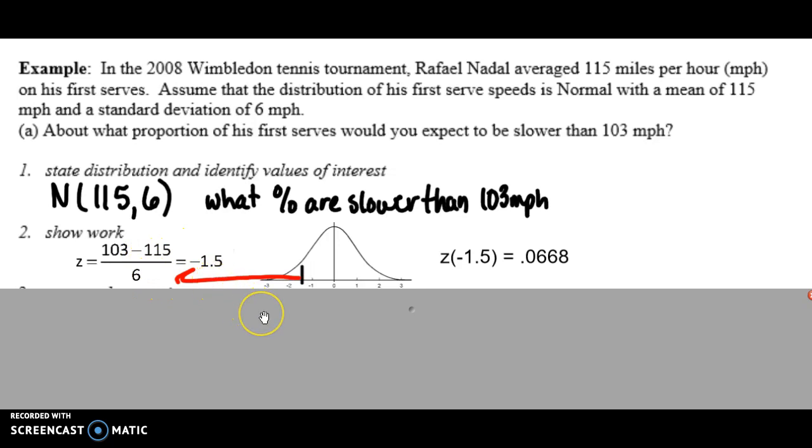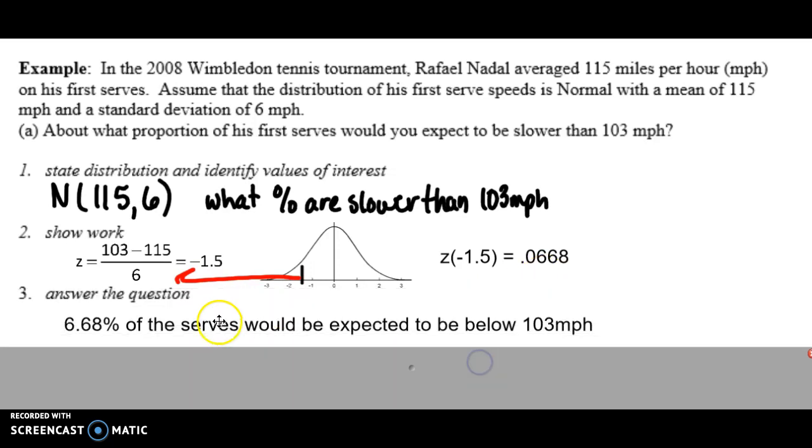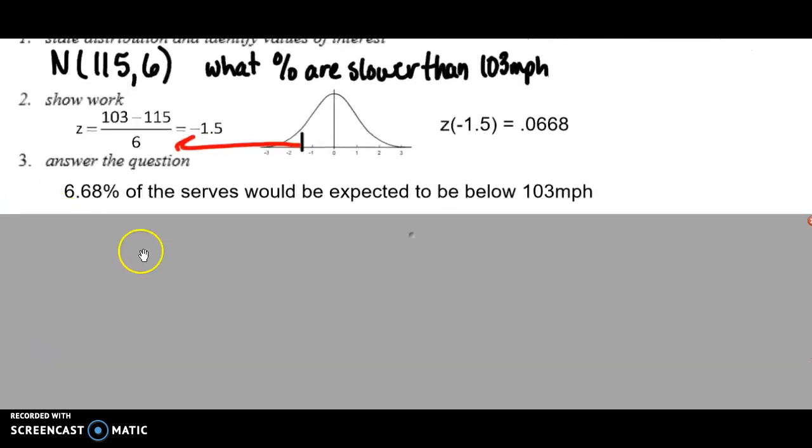We get 1.5 standard deviations below the mean. Then we find the corresponding value on the table for negative 1.5 standard deviations. And lastly, we answer the question in context. So 6.68% of the serves would be expected to be below 103 miles per hour.